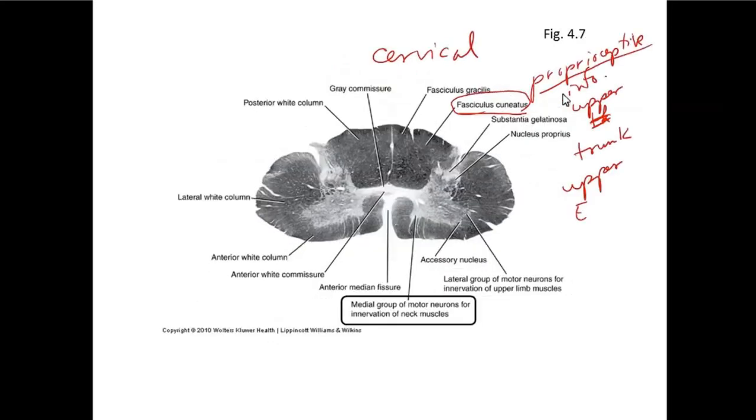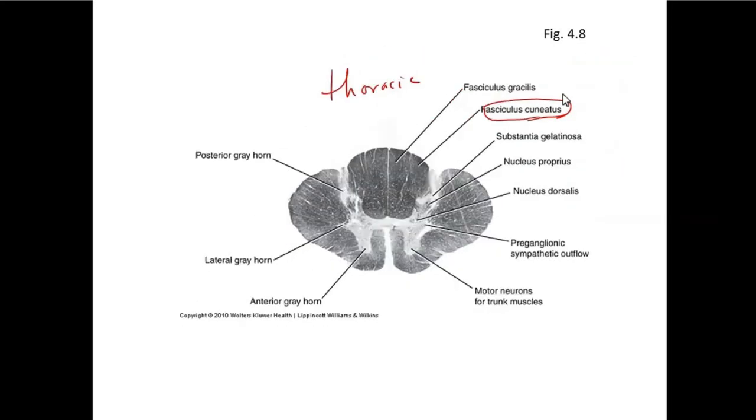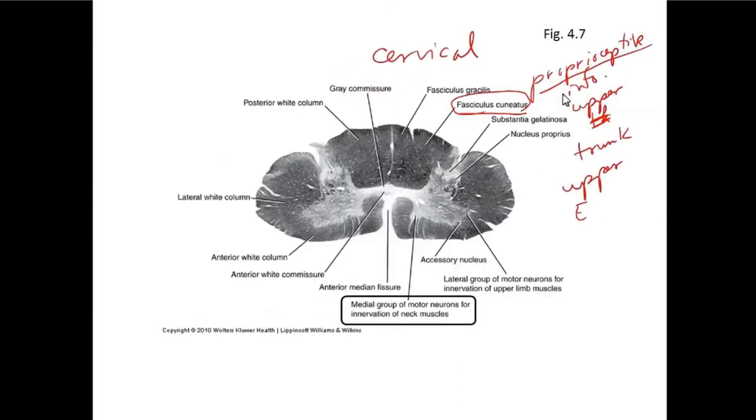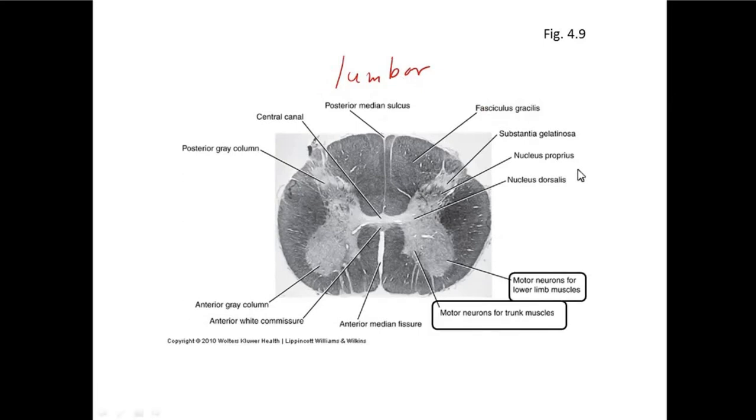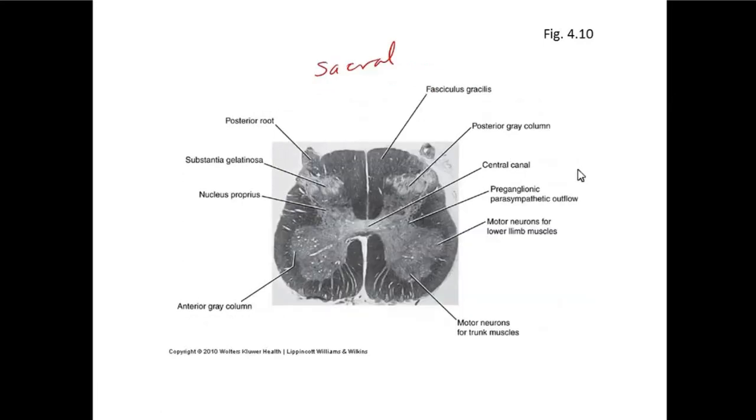So again, the cervical and the thoracic have a fasciculus cuneatus, which carries proprioceptive information of the upper trunk and the upper extremities, and you will not see any fasciculus cuneatus in the lumbar, nor are you going to find it in the sacral.